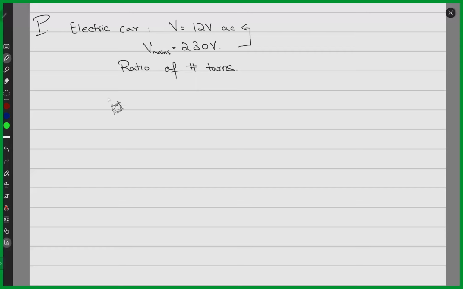We'll use the transformer equation, which was that the ratio of EMF induced in secondary to primary is equal to the ratio of the number of turns of secondary to the number of turns of primary.